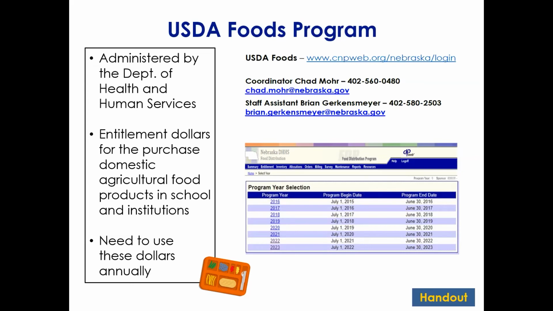But I am not the person to ask how to use those dollars. I know we don't feel like we're the people who should be talking to you about this, even though some of my coworkers are much smarter about this than I am. That's why we give you Chad and Brian to contact.